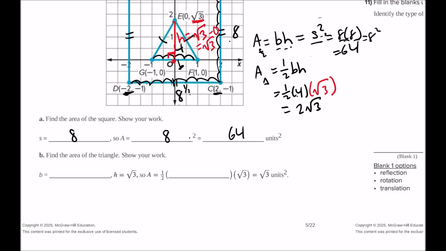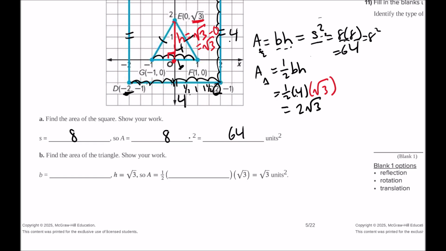This is 1/2, 1, 1.5, and then 2. So it's actually not 8 here, it's actually 4. Let me correct that, because you see I almost made that mistake. So this is 4, and this is 4.